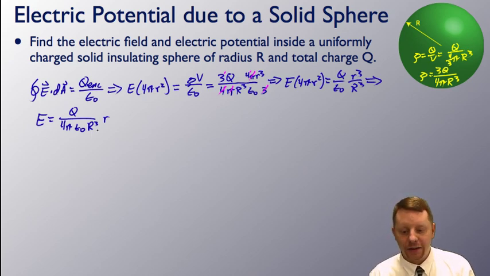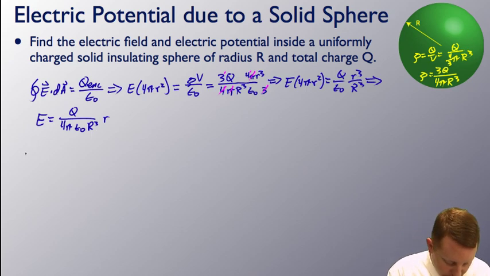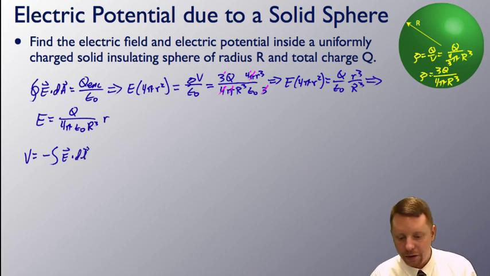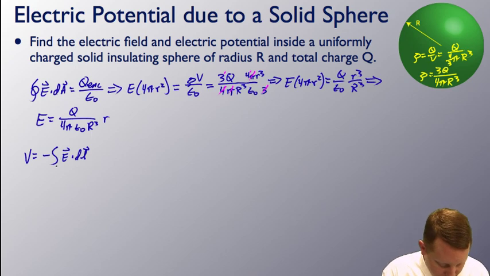There's our electric field. Next, we can integrate to find the electric potential. Note that our total integration from infinity to r must be done piecewise because our electric field is going to be discontinuous. So our potential V is minus the integral of E dot dl, or in this case, E dot dr, from infinity to r.